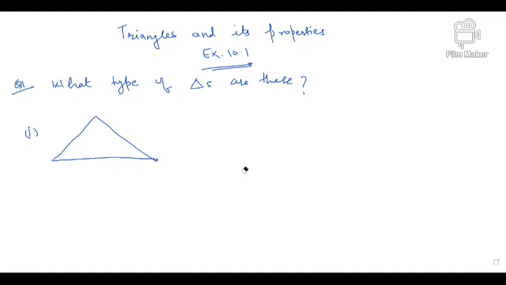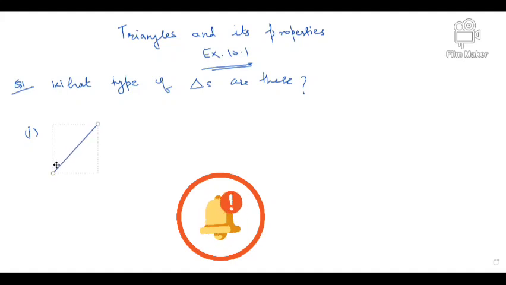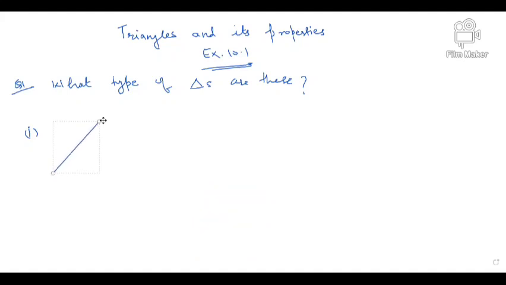The first diagram is given like this, and two sides are given as equal.